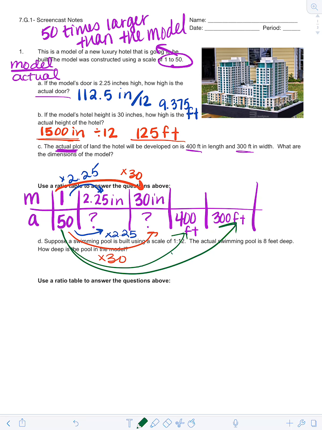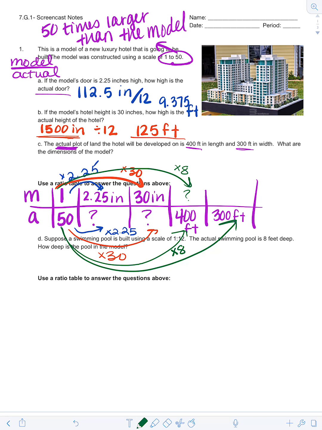Well, I know 50 times 8 takes me to 400, so 1 times 8 will give me that question mark. So I got 8 feet for one of my answers, and 50 times 6, so 1 times 6. So my answer would be 8 feet by 6 feet. And I'll keep that because honestly, converting it to a bunch of inches would be a lot. So this would be a realistic answer.